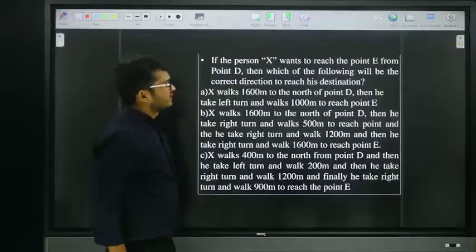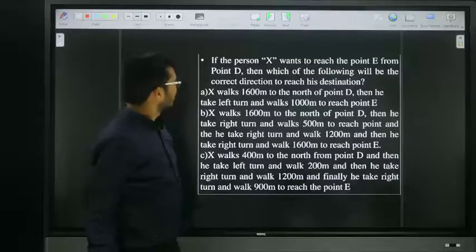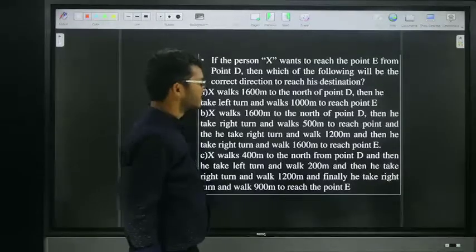If the person X wants to reach point A from point D, then which of the following will be the correct direction to reach his destination?